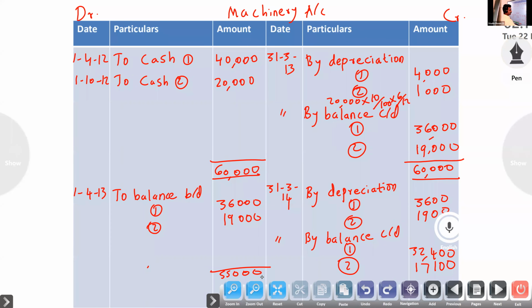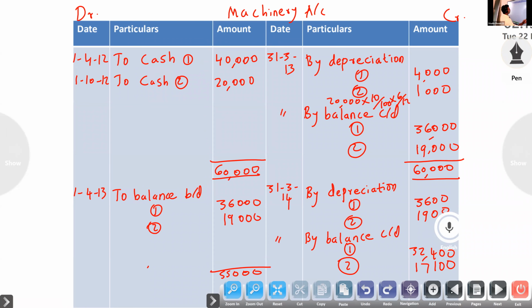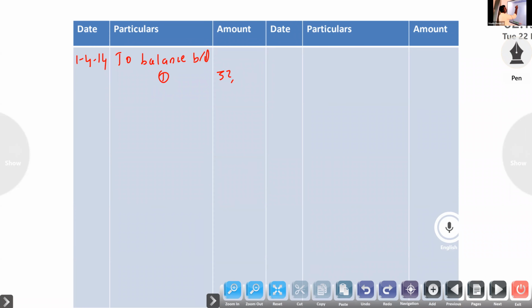Next year, 1st April 2014, to balance BD 122,400, second 17,100.